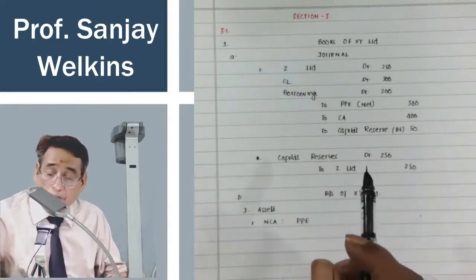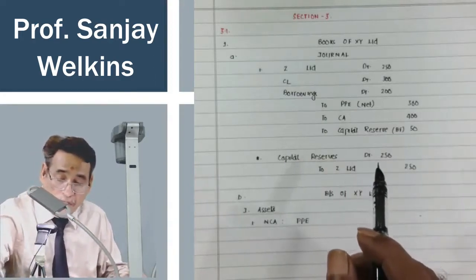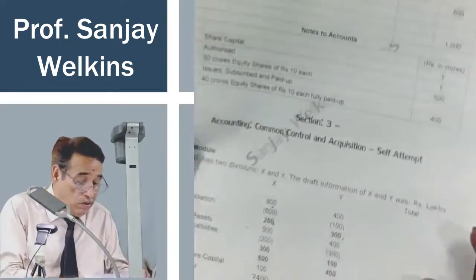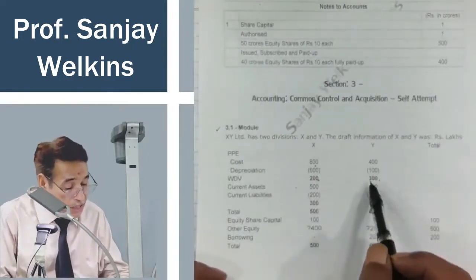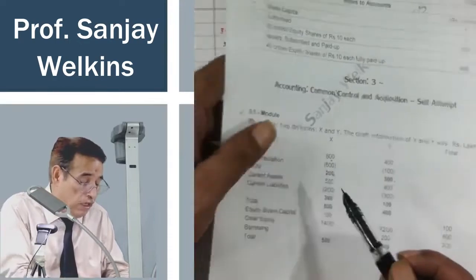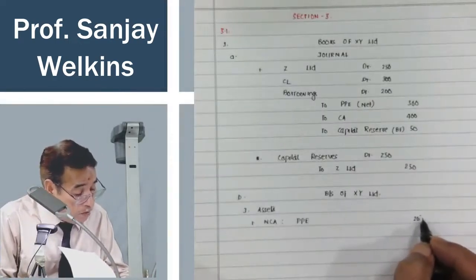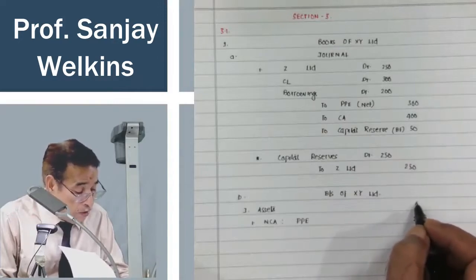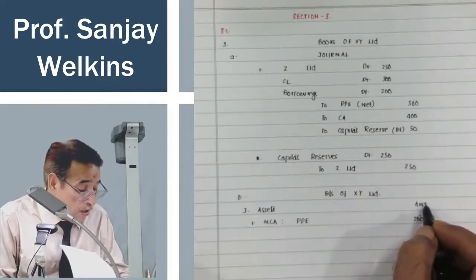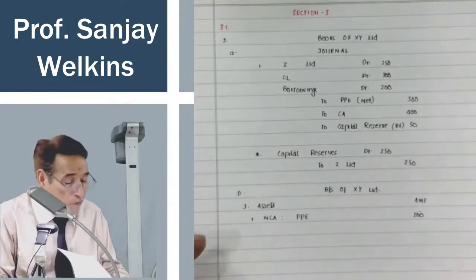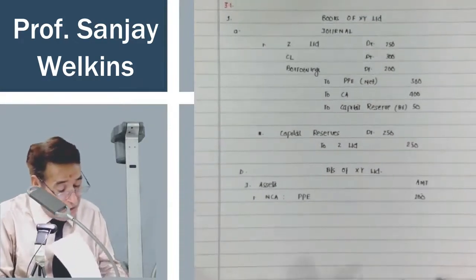Now the division which we are left with is X division. Correct? Because this division has moved out, we are left with X Limited. So I will write here 200, because now XY Limited is having only one division and items of that division only will find place in the balance sheet.